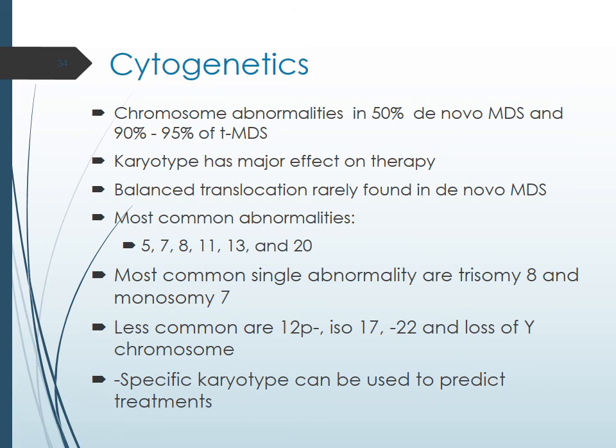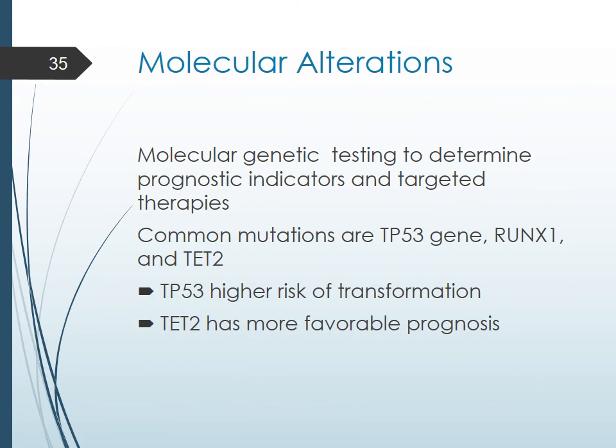Then in the following slide we will see molecular alterations. The first one, you have mutations in the tumor suppressor gene P53 associated with secondary MDS. Now remember, normal P53 protein functions to maintain genetic stability in the cell.